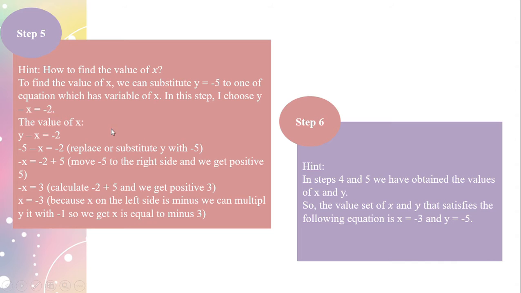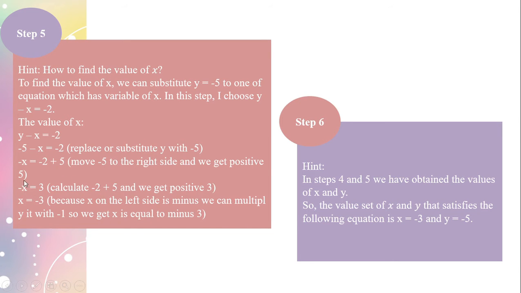So y subtracted by x is equal to minus 2. Substitute y with minus 5, so we get minus 5 subtracted by x is equal to minus 2. Minus x is equal to minus 2 plus 5, because we can move this minus 5 to the right side, so we get positive 5.